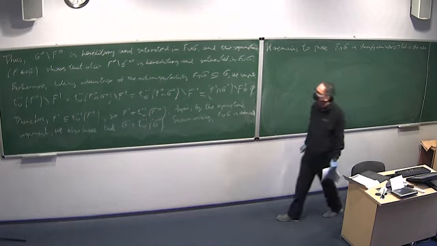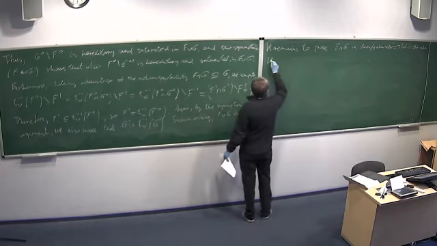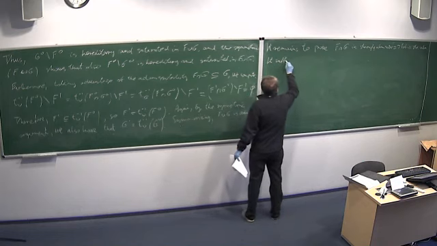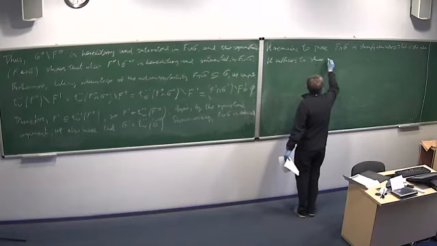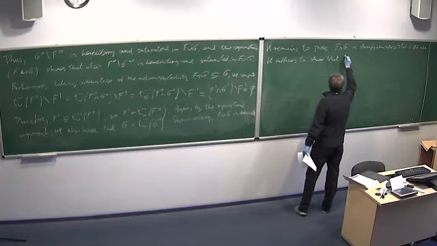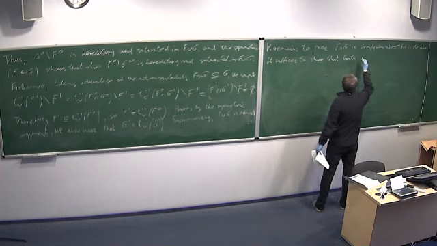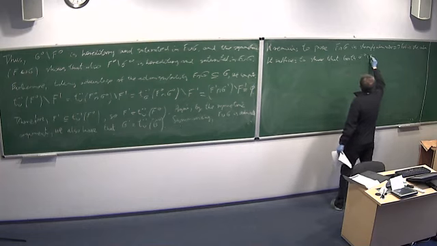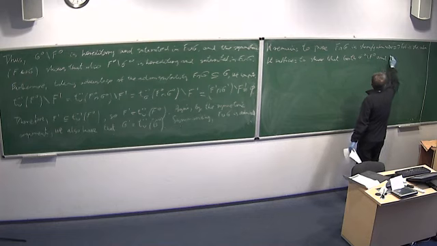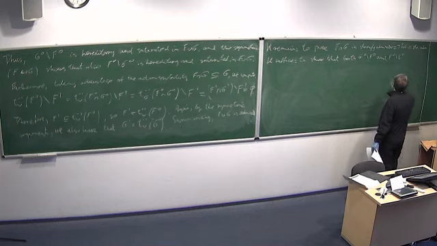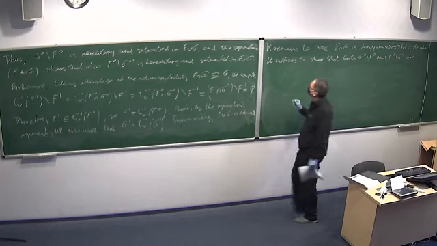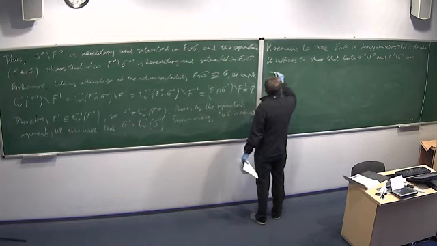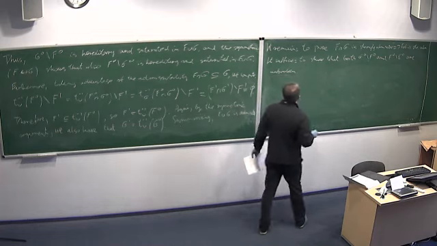But note that it suffices to show that both G naught less F naught and F naught less G naught are unbroken in the union graph.